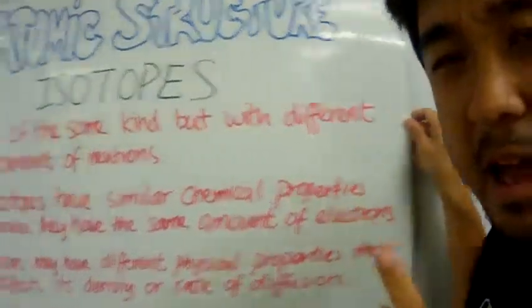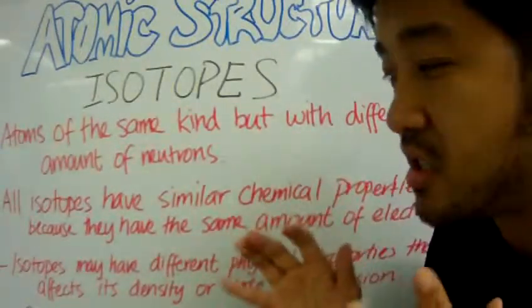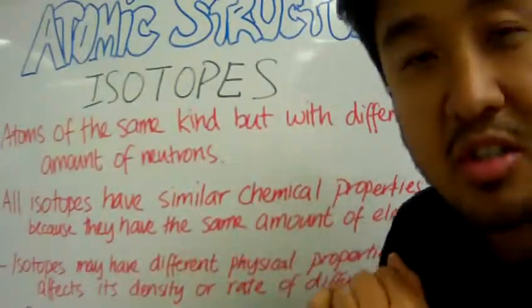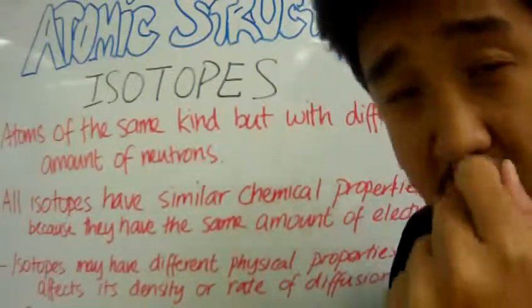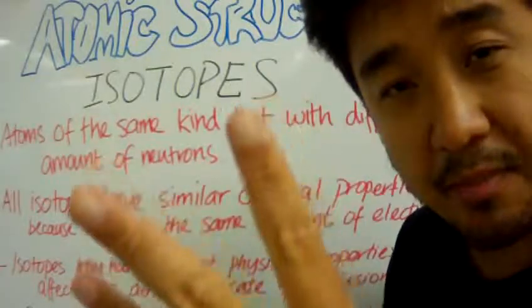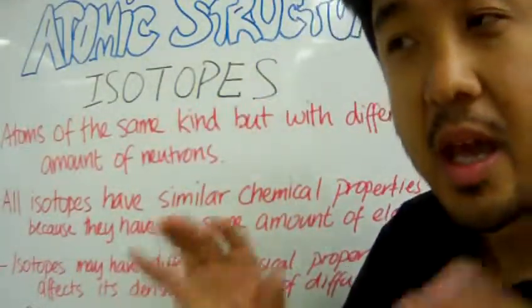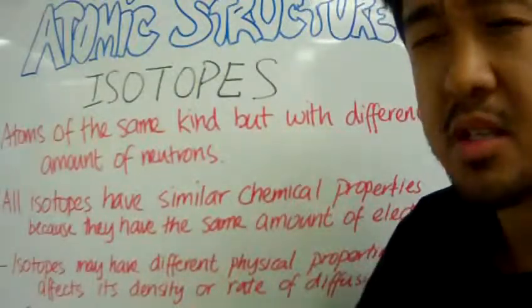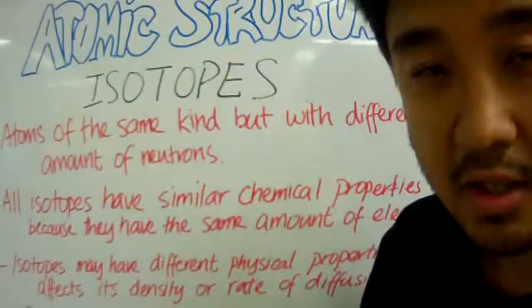Now, let's take a look at our hydrogens again. Hydrogens have only one electron. So it doesn't matter whether you're talking about hydrogen 1, 2, or 3, those hydrogens only have one electron out there. And for chemistry, what determines all chemical properties is the electrons.